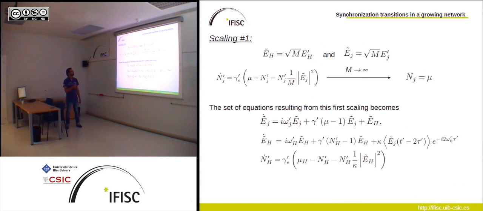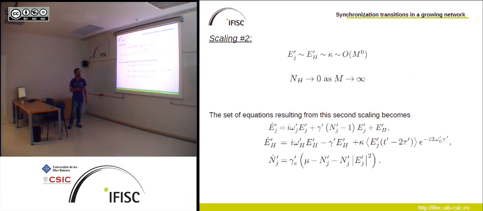The first scaling is basically rescaling of the electric field of the hub and the electric field of the star lasers in this way. So it leads to a constant value of the carrier number for the star lasers.